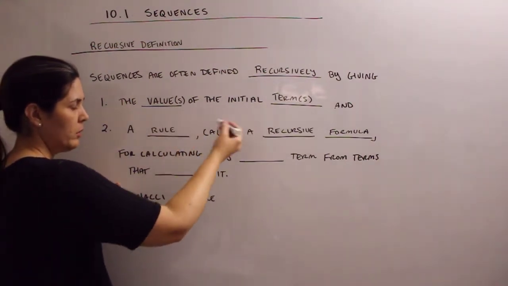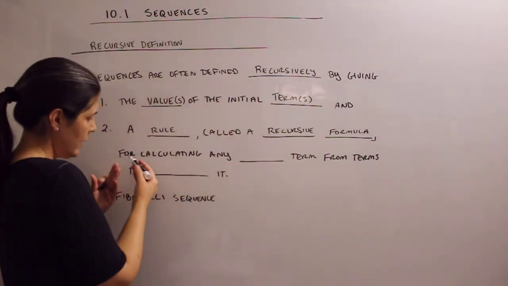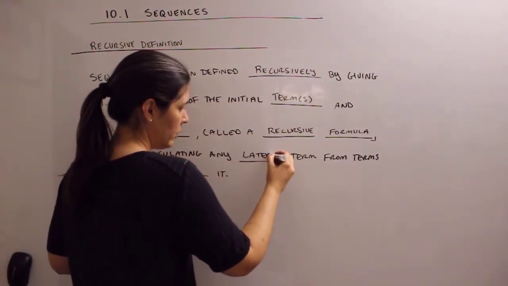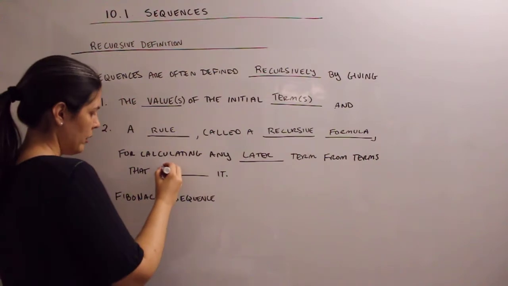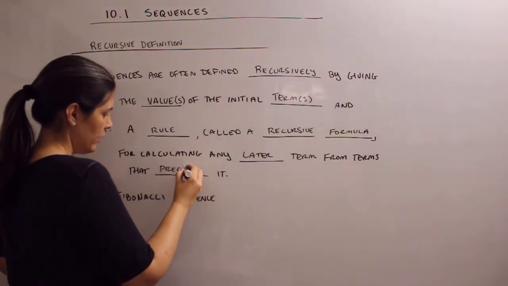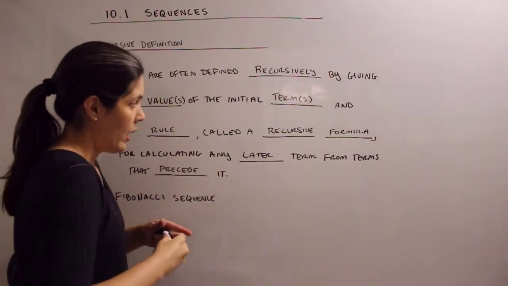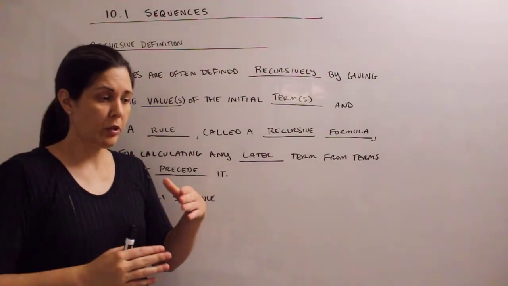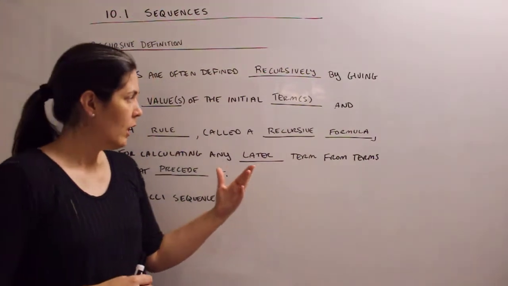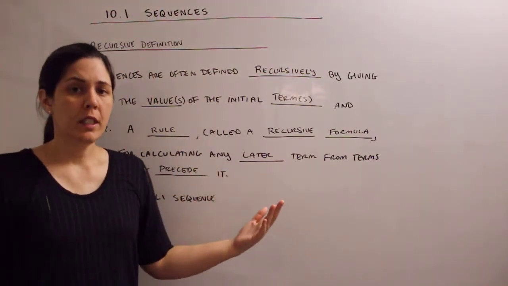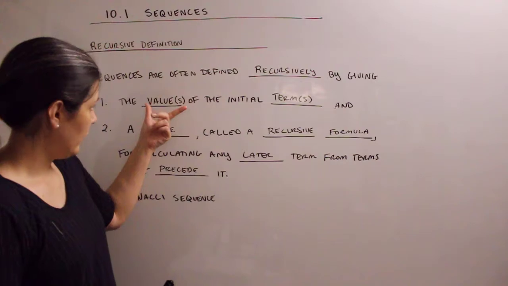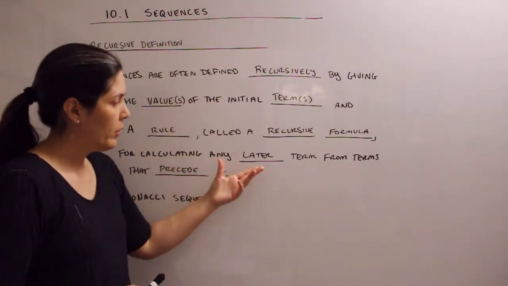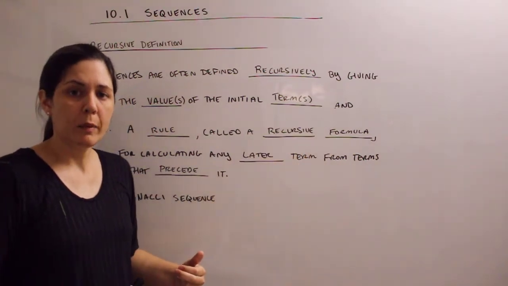You have to know some of the terms, you're given a rule to find the other terms, and so this is for calculating any later term from the terms that precede it. Okay, so if I know a couple of terms in my sequence, and then I know a rule for how to find the remaining ones, well, then I can find the whole sequence. And I know the initial terms, like let's say term 1, term 2, I can find term 3, 4, and so on. That's what this is talking about.